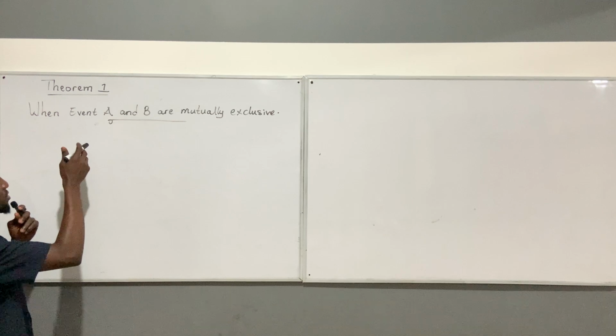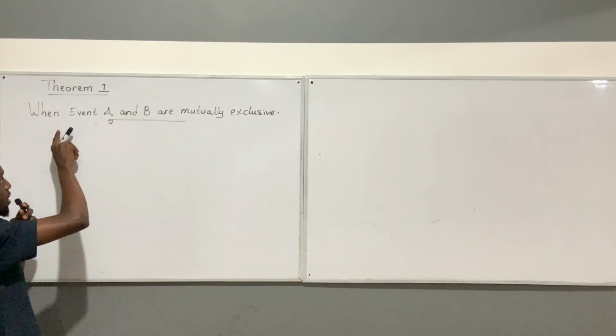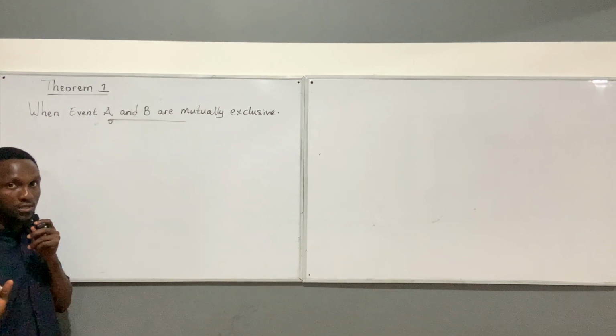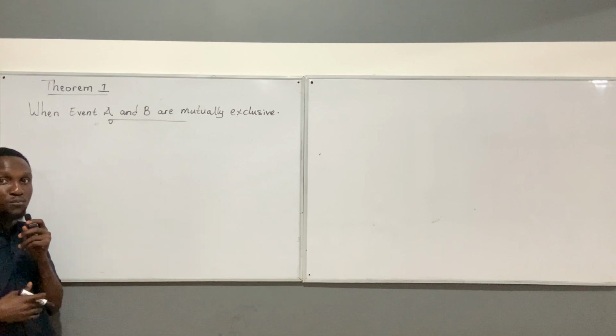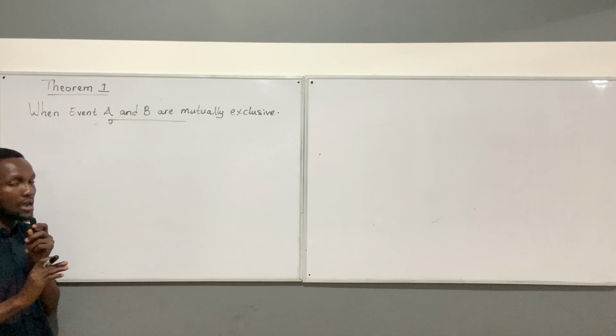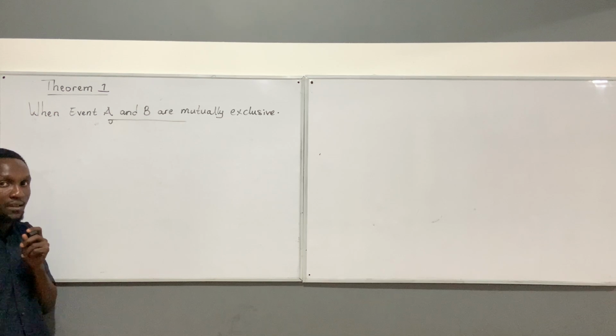So in our first theorem, let's talk about mutually exclusive events. I wrote, when events A and B are mutually exclusive. What is the meaning of this? When two events are mutually exclusive, it simply means that these two events cannot occur together. Put that in your mind. The two events cannot occur at the same time.